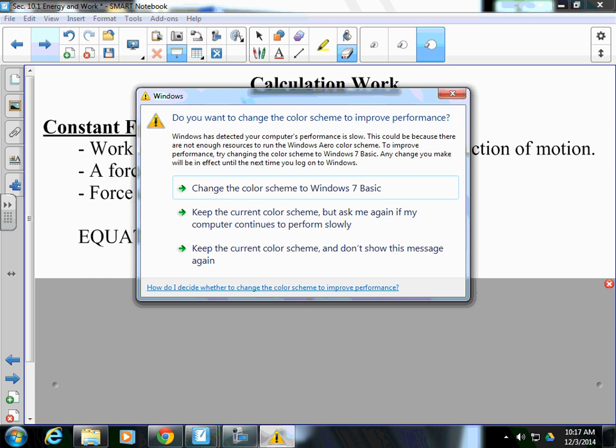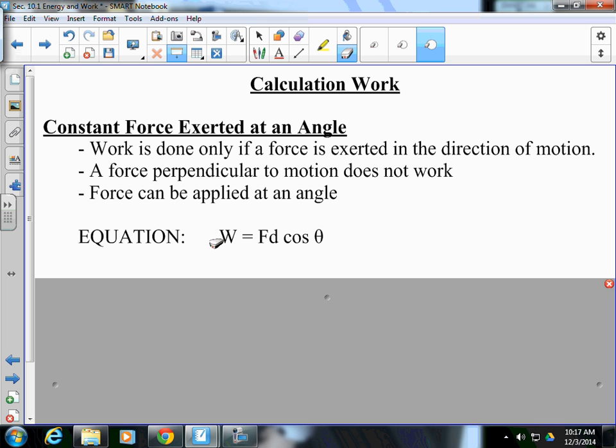Anytime we incorporate an angle into our units, or when we're trying to solve for work, it's going to add the cosine of theta. So anytime you're trying to figure out work on an inclined plane, or I'm pulling a wagon with the handle at a certain degree, that's going to change my equation for work.